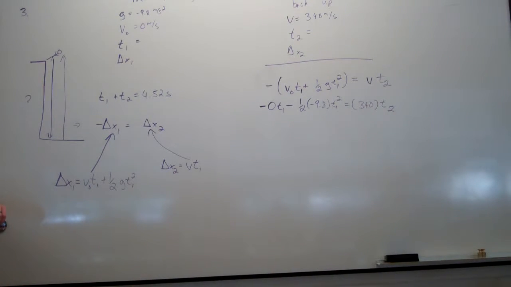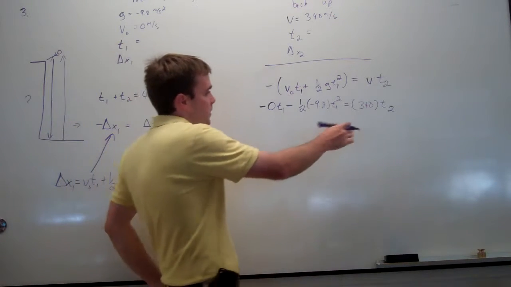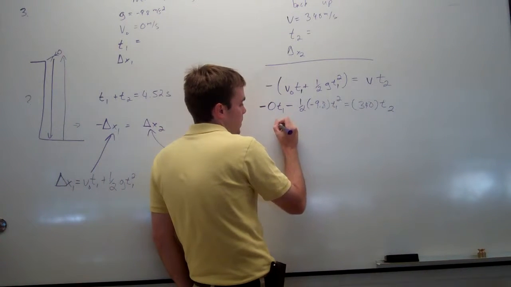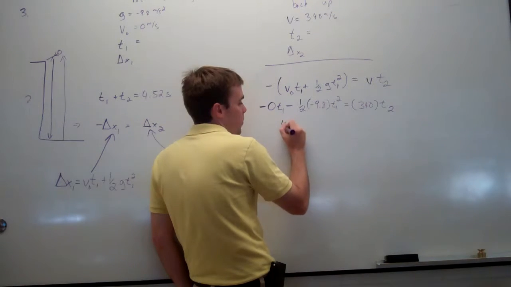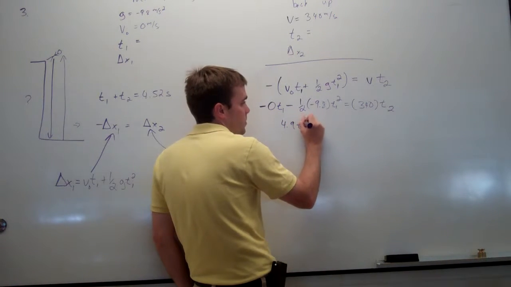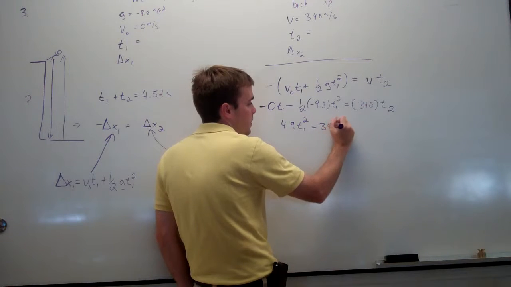Everybody still with me? Okay, I'm going to simplify this a little bit, so we end up with 4.9 T1 squared equals 340 times T2.